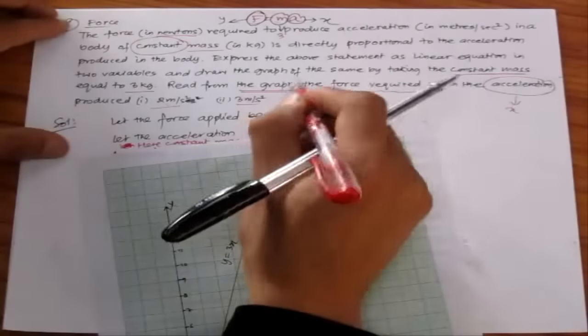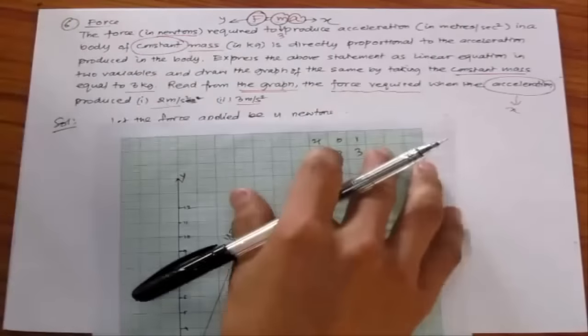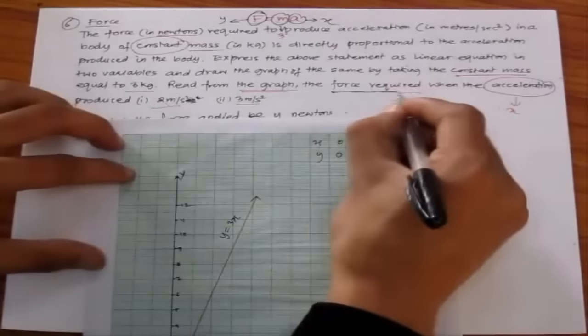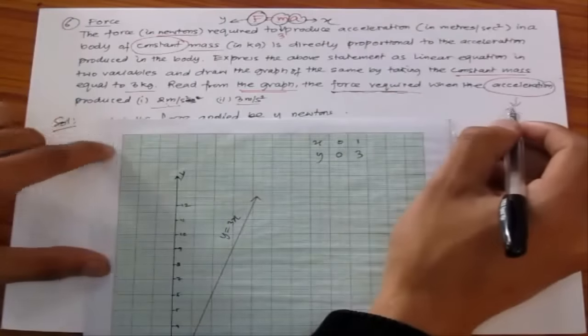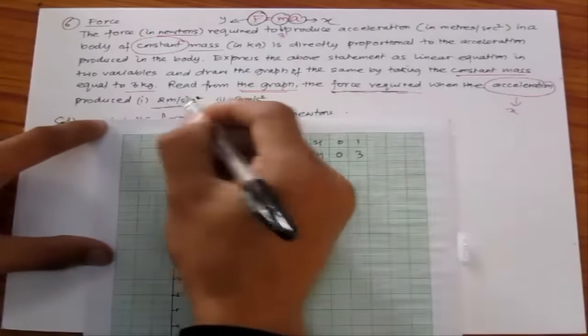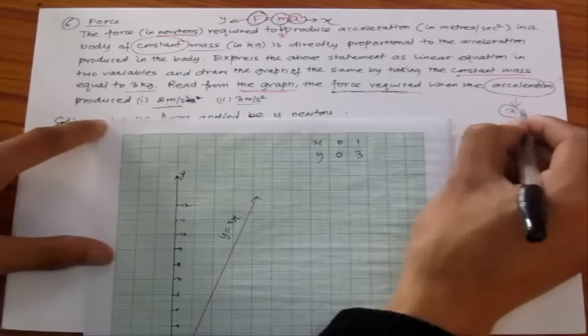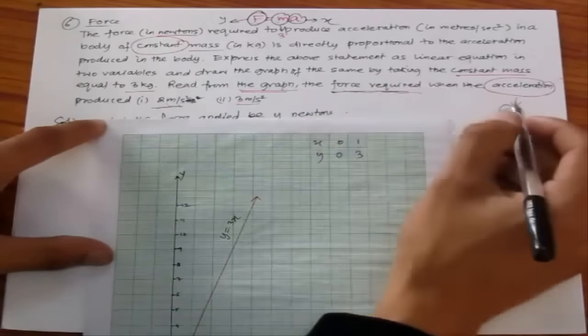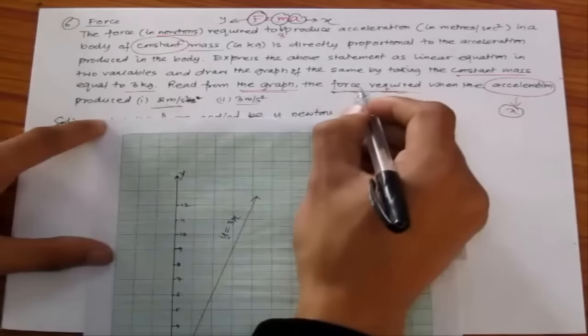Now the last part, that is, read from the graph. We have to find the force required when the acceleration produced is 2 meters per second square. So acceleration means the x value, force means the y value. When x equals 2, what is the y value?